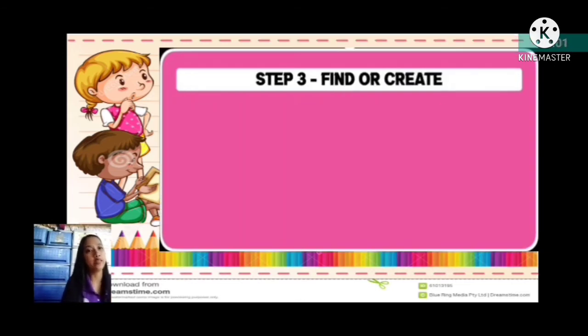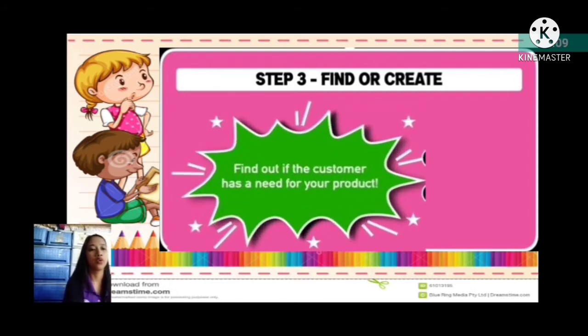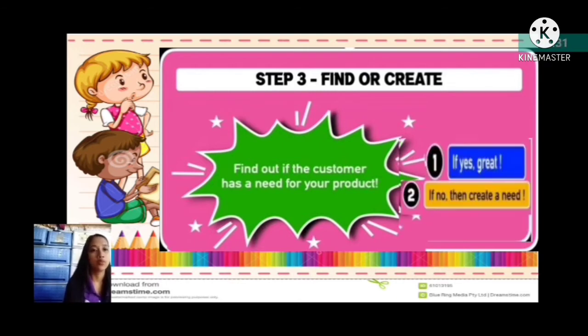Step 3 is find and create. We need to first find out if the customer has a need for your product. Your job is very easy if the customer needs it. You don't have to put in more effort, but this is where the real skills of a salesman come in.